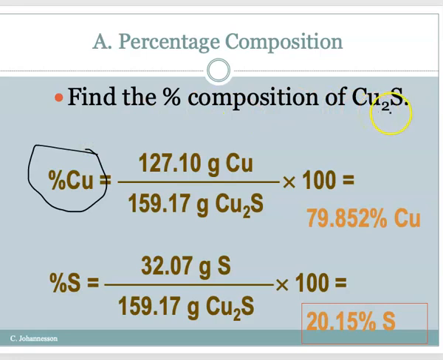So I'm going to take the molar mass of copper times 2 to get 127.1 grams of copper. Then I'm going to calculate the total mass of copper 1 sulfide. So the mass of 2 coppers plus 1 sulfur is 159.17 grams.